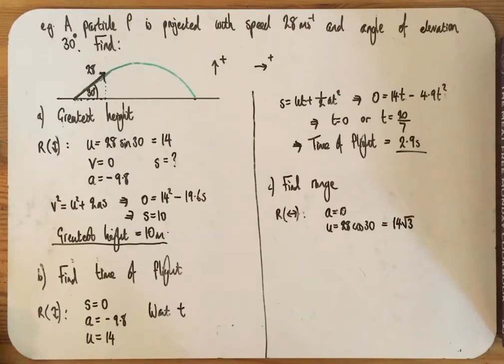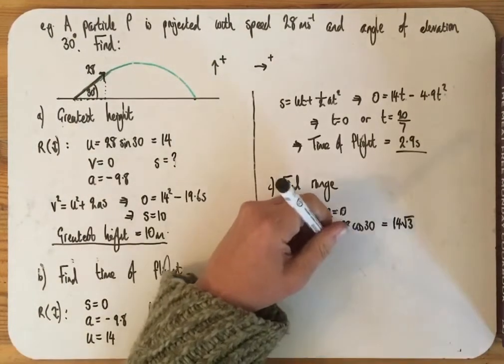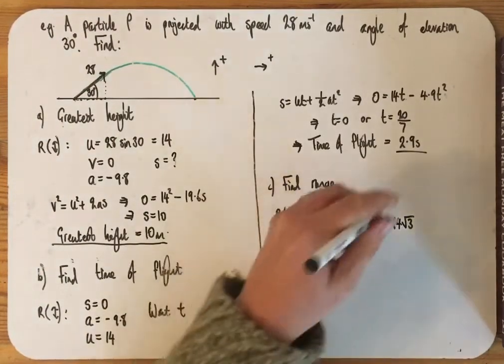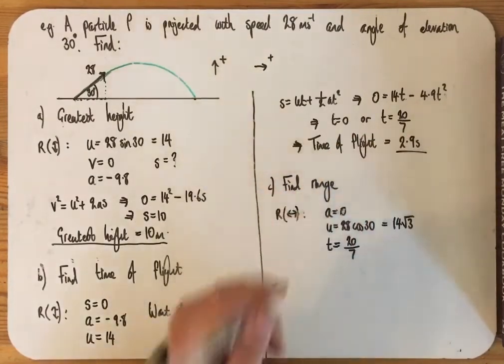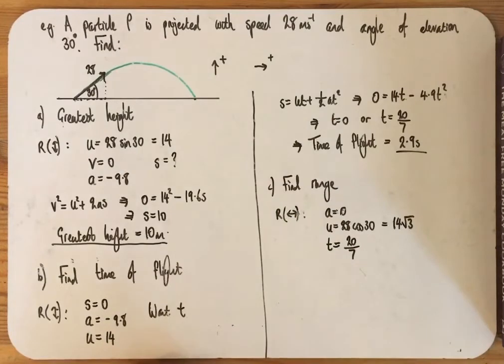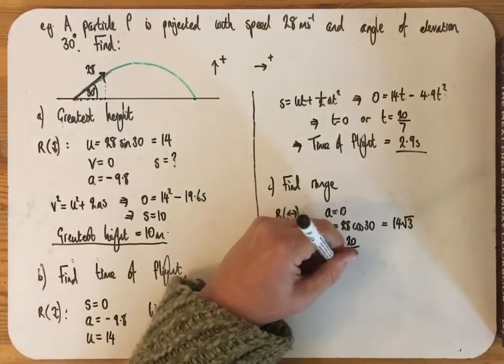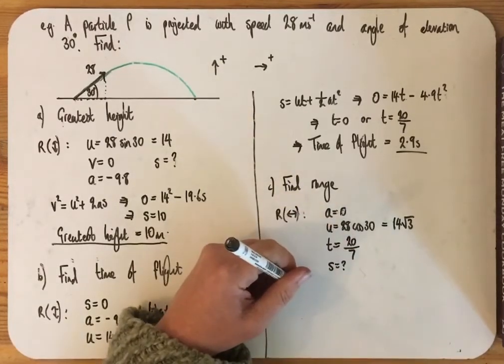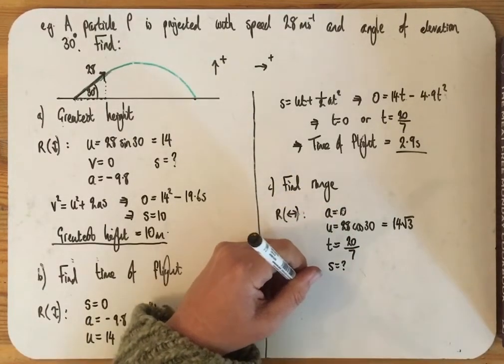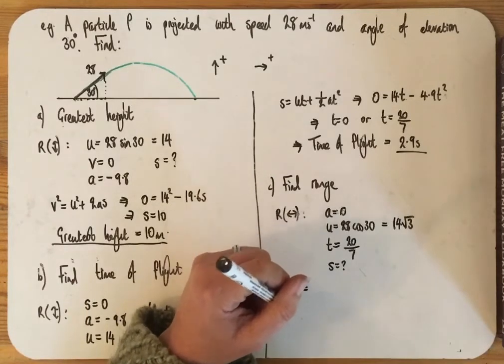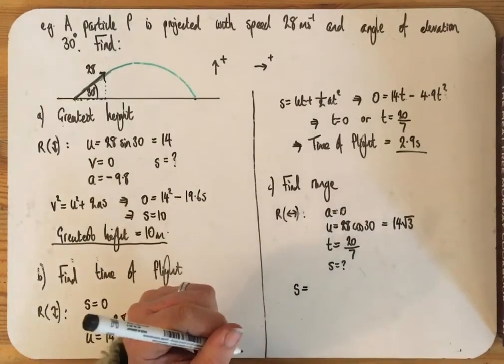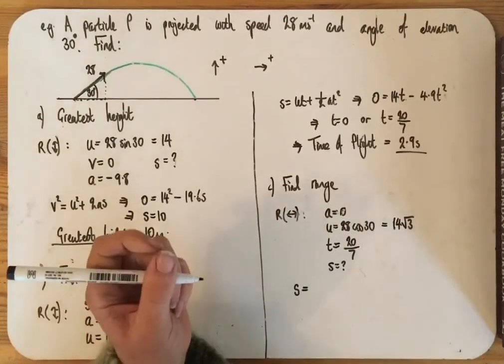And we also know t now, but I wouldn't put 2.9 in here because you might get a rounding error. So it's a bit weird, but put 20 over 7 in instead. And we want s. So we're essentially just using distance travelled is speed times time.